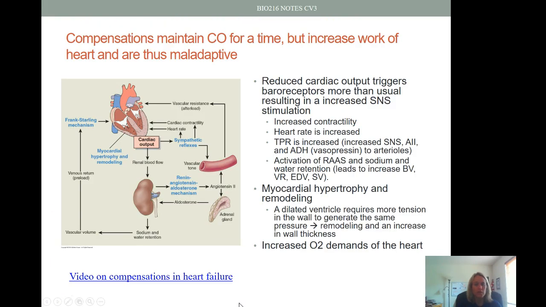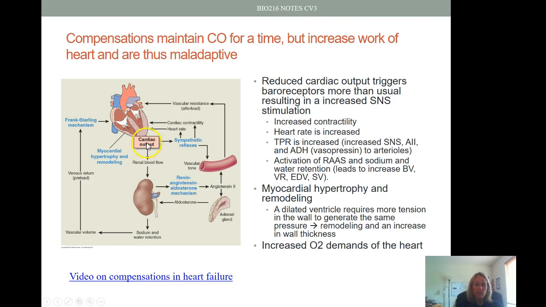Next I want to talk about compensations. Compensations can help to maintain cardiac output for a time, but ultimately they increase the work of the heart and thus can be maladaptive. If the left ventricle is failing, this is going to result in a reduction in cardiac output.